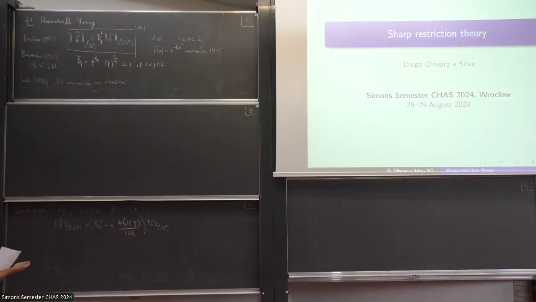If you're close to being a Gaussian, that means this distance is small, and so you're also close to obtaining the best constant in Hausdorff-Young. I call this quantitative stability because this exponent squared is best possible. A yet sharper version would be what's called constructive stability, where you would have some quantitative control over this constant. That's not the case.